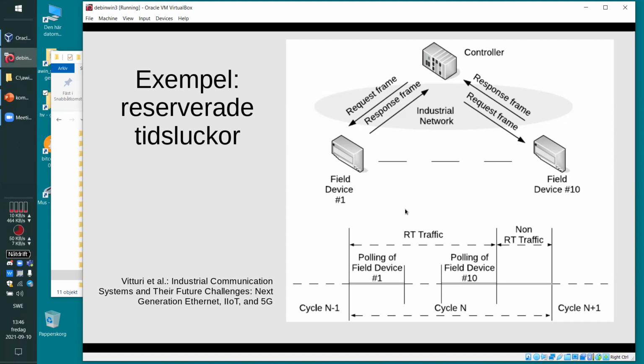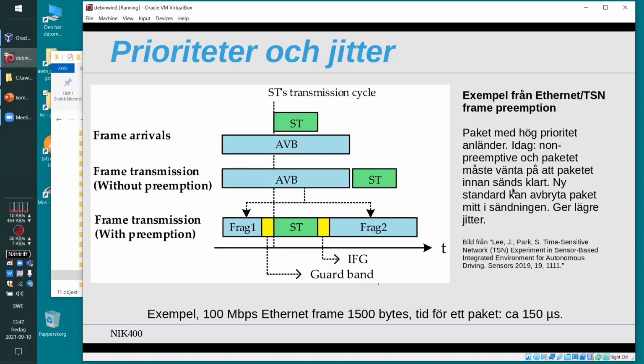In priority-based networks, it's more flexible. But you have this problem with non-preemption. That is, if there is a long packet that is currently transmitted over the network, you must wait even if you have a high priority.